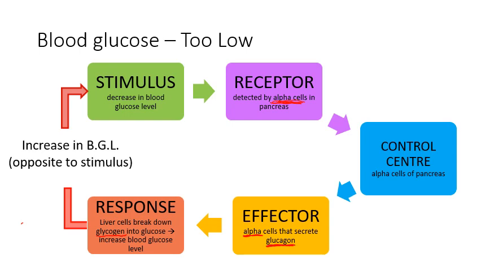Okay, so our response has resulted in increasing our blood glucose levels when our original stimulus was a decrease in the blood glucose levels. So we've brought about a response that's opposite, or reducing or stopping the original stimulus. Okay, so again, still looking at an example of negative feedback.